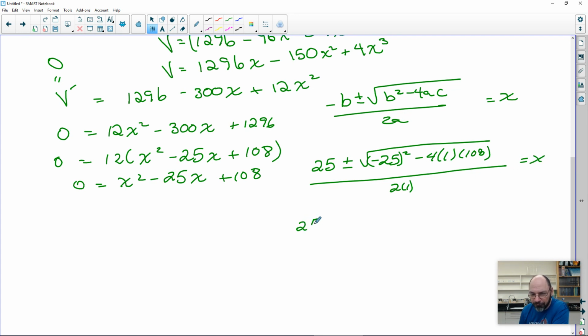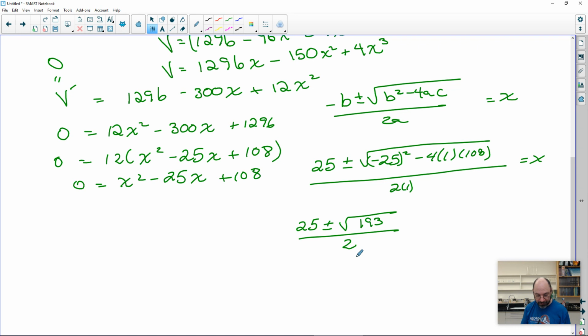So 25 plus or minus. Okay, so let's start with squaring negative 25, that's 625. And then we're going to subtract 4 times 108. Okay, that's 432. And if we subtract that from 625, we get the root of 193 up here over 2. So take the root of 193 on our calculator.